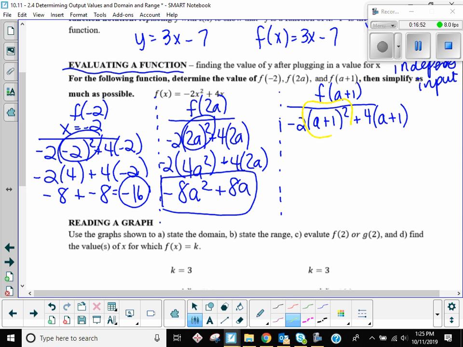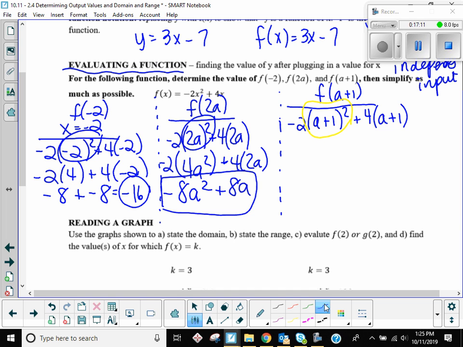So the next thing is exponents, which is the a plus 1 squared. Please be careful here. That does not just mean a squared plus 1 squared. Okay? It does not mean a squared plus 1 squared. That's part of it, but it's not the whole thing.